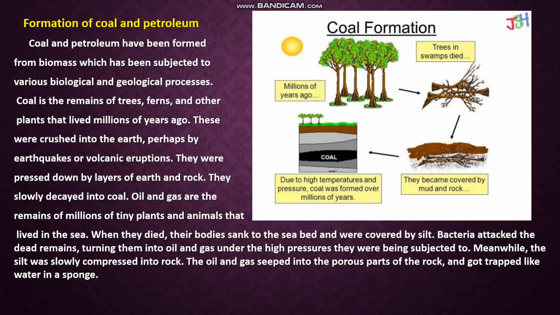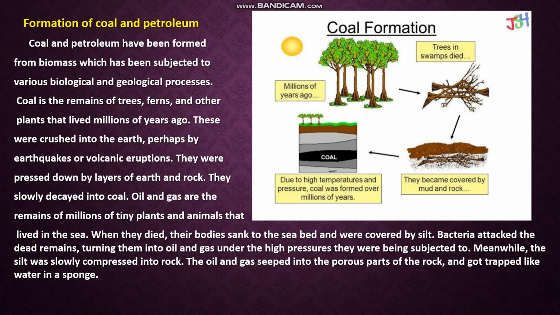Coal is the remains of trees, ferns and other plants that lived millions of years ago. These were crushed into the earth, perhaps by earthquake or volcanic eruptions. So millions of years ago, the living plants and trees were crushed into the earth due to volcanic eruptions or earthquakes. They were pressed down by layers of earth and rock.